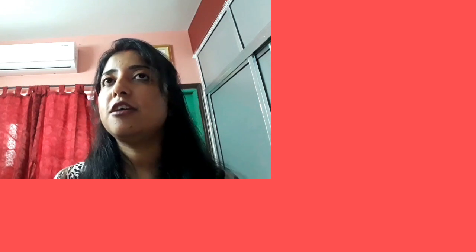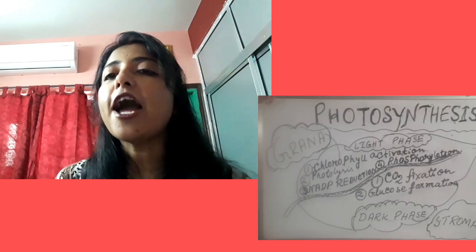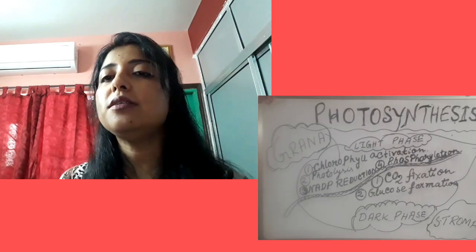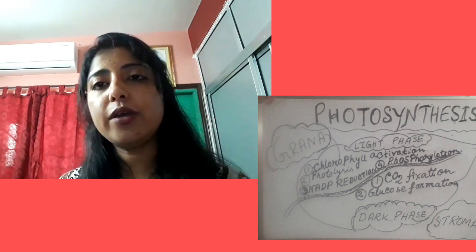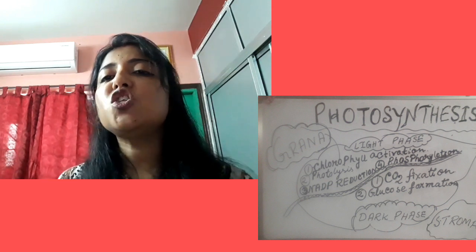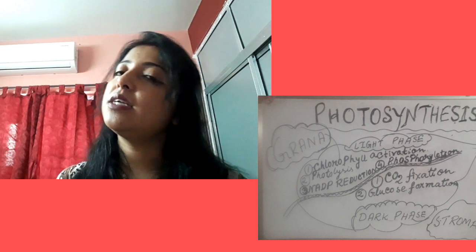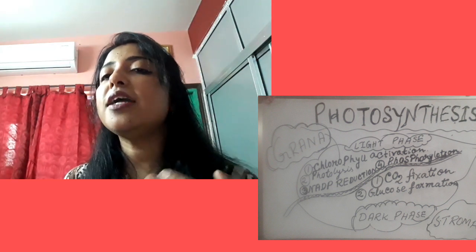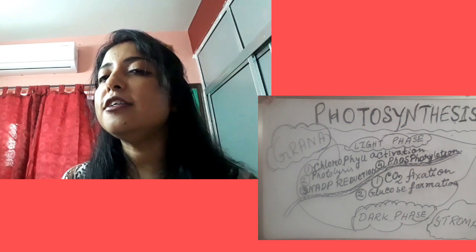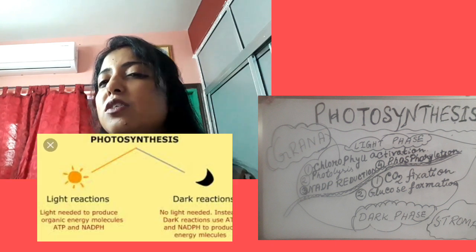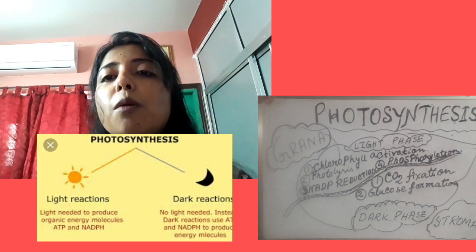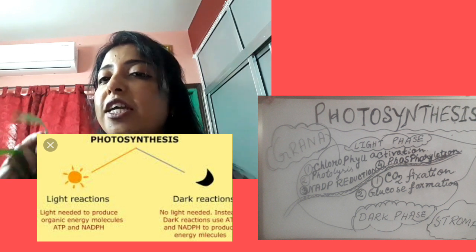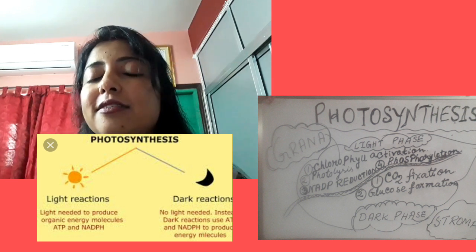Photosynthesis happens in two phases. First one is the light phase and second one is the dark phase. In the presence of sunlight, the light phase and dark phase will happen. In the light phase, sunlight is very important, and in the dark phase, sunlight is not so important, but both happen during the day, not at night.